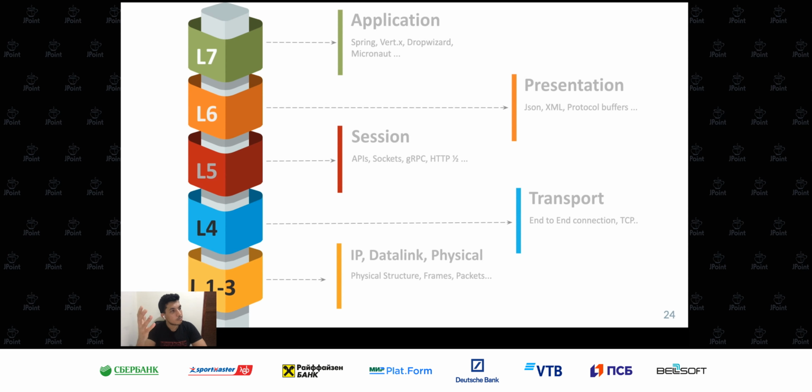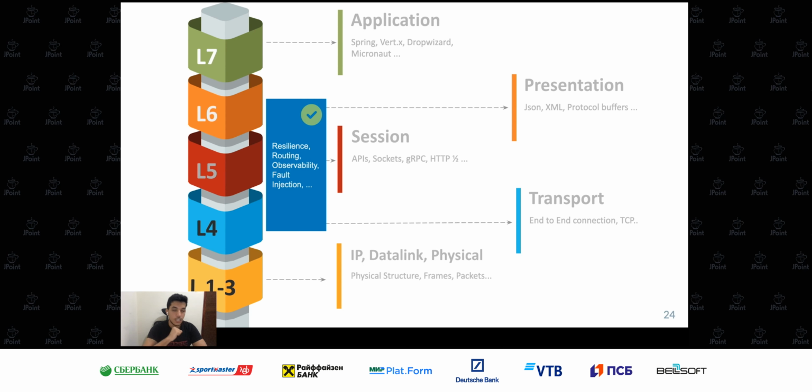And with the service mesh, what we are doing is explicitly separating application network functions from application code, separating infrastructure code from business logic, and pushing it down a layer.